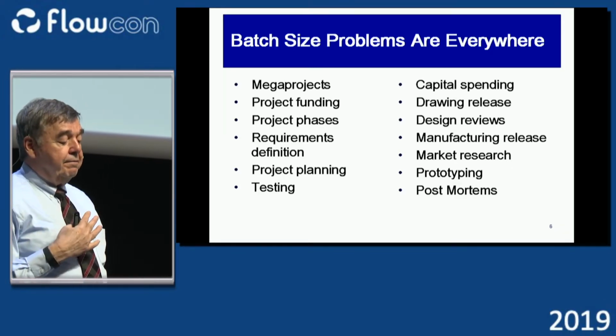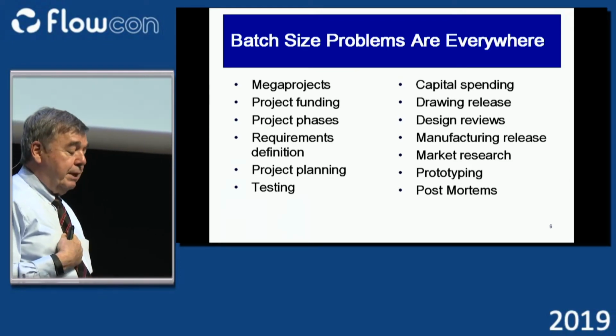People tried to define all requirements before they begin design. They do project planning by doing a detailed plan that extends out 18 months into the future with 10,000 activities, and then 30 days into the process, they have to redo the plan. Scrum and Agile have absolutely turned that on its head, because now you do not do detail.